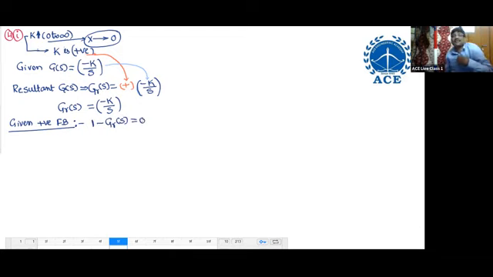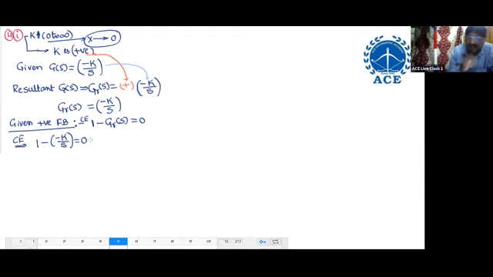Whatever the feedback sign is, that sign only you put, but in place of G of S you write GR of S: 1 minus GR of S equals 0. So the characteristic equation is 1 minus K by S equals 0.